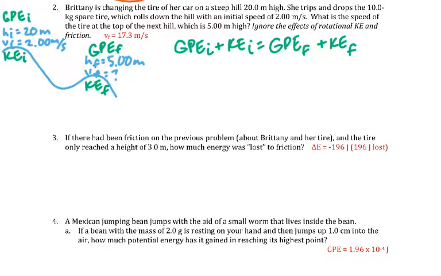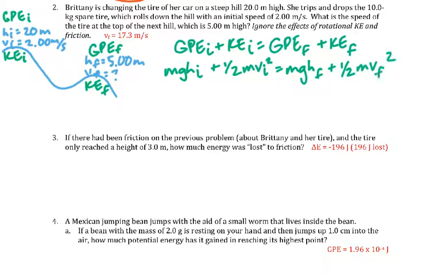So if we write those equations out, that gives us mg times hi plus 1/2 mvi squared on the left side equals mghf plus 1/2 mvf squared.